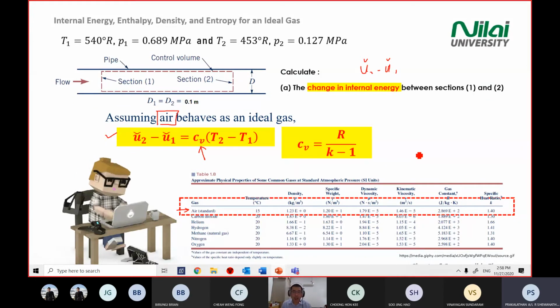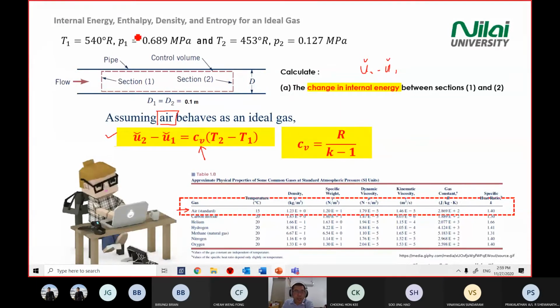Every time the question does not mention any temperature, you need to refer to Table 1.8. Normally the question will mention the temperature like what you've seen in test 1. In this case, we use 15 degrees C.